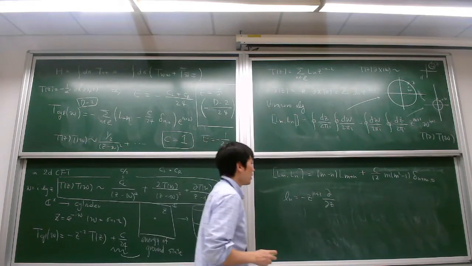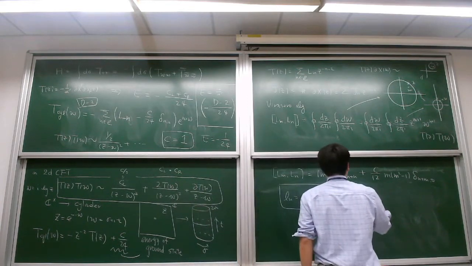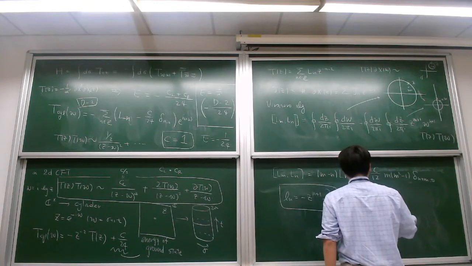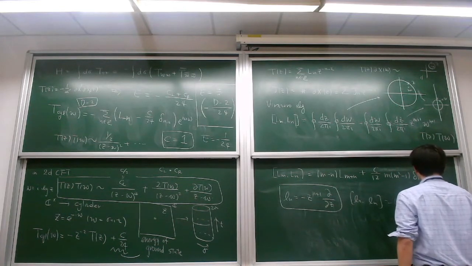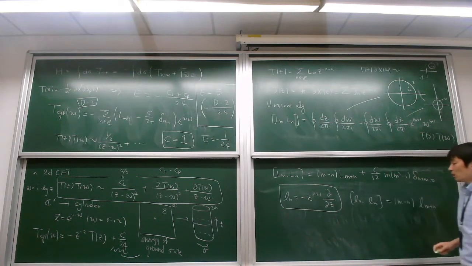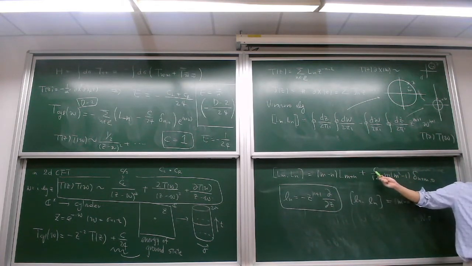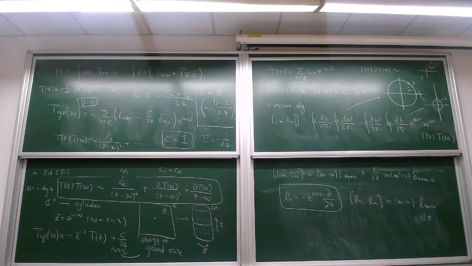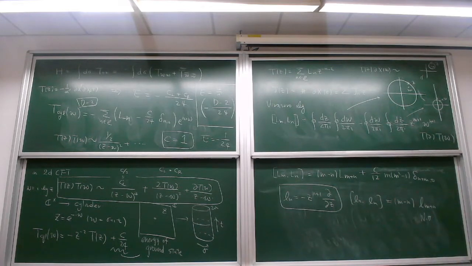If you define the generator this way, it satisfies the algebra without the central term. This is what you have done in homework, and it's called the Witt algebra. The Virasoro algebra is called a central extension. C is a central element which commutes with all generators. This central extension is very important.